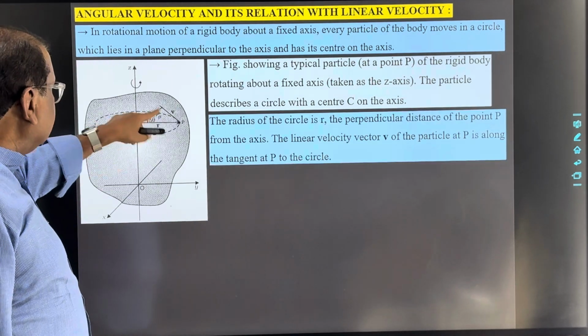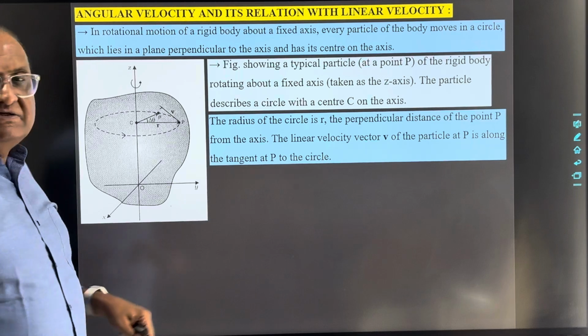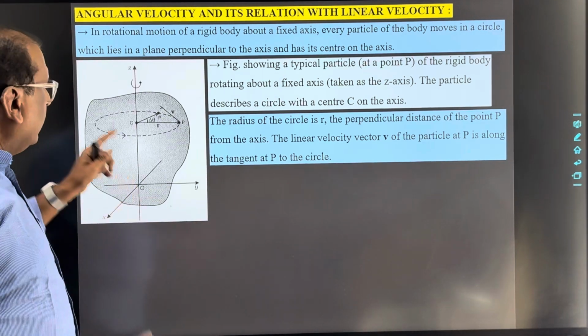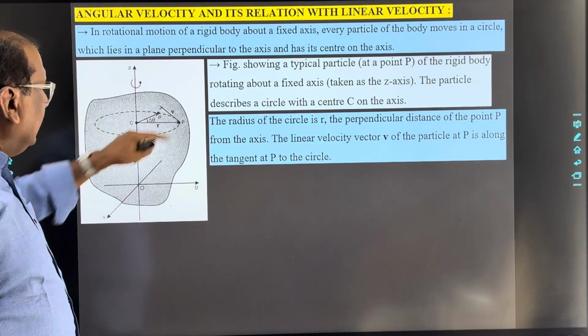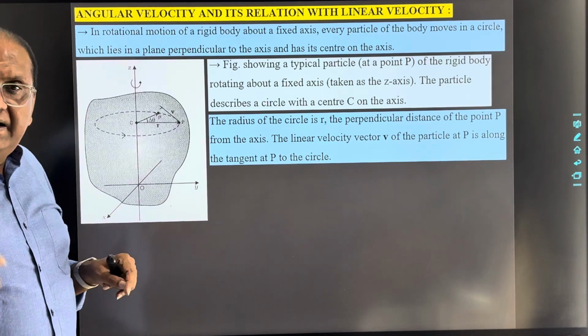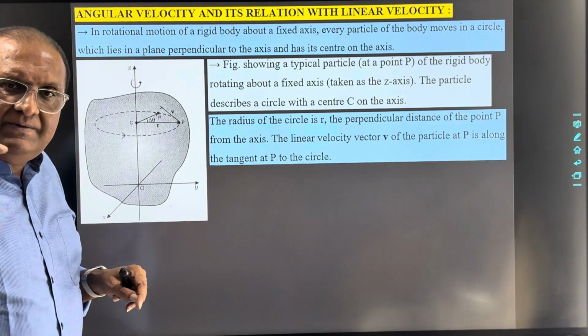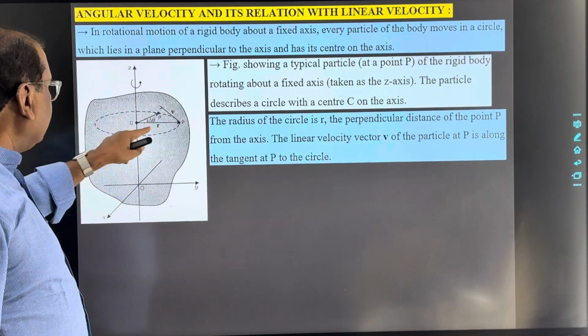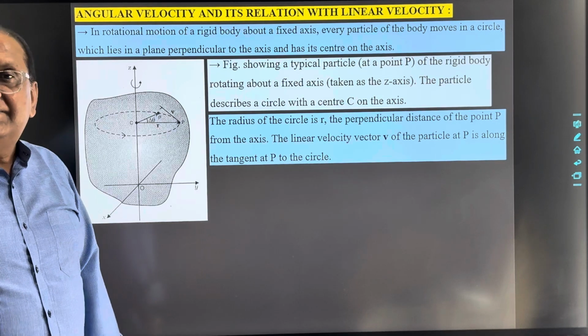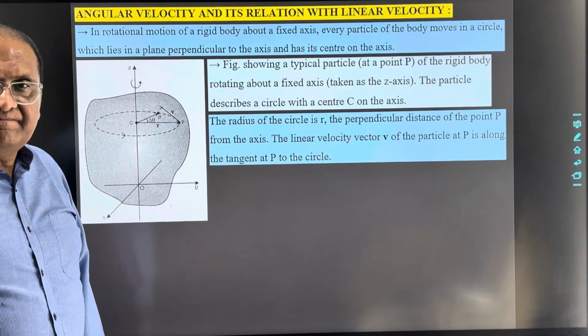Here R is the radius of the circular path, or in other words, the perpendicular distance of that point P from this rotational axis.